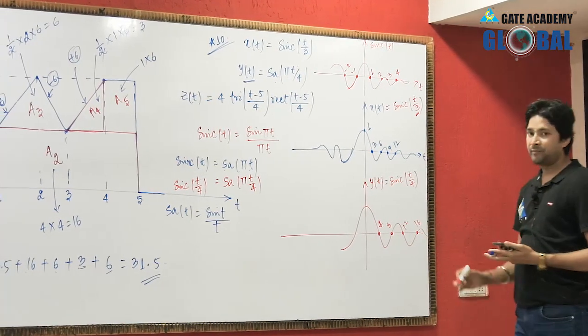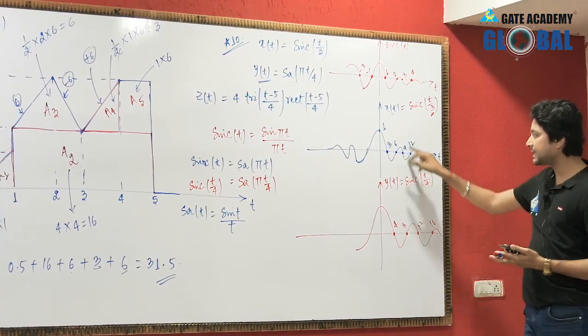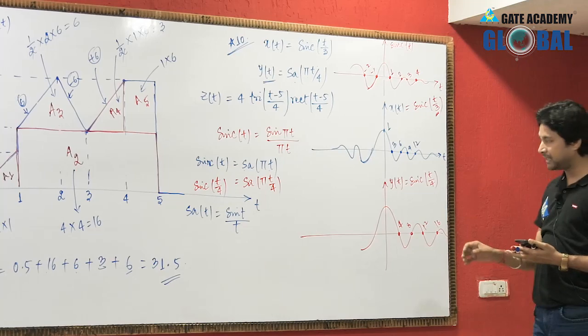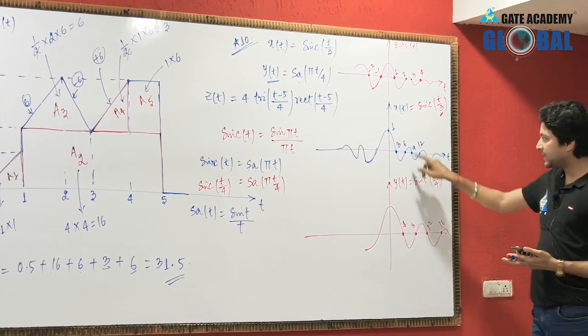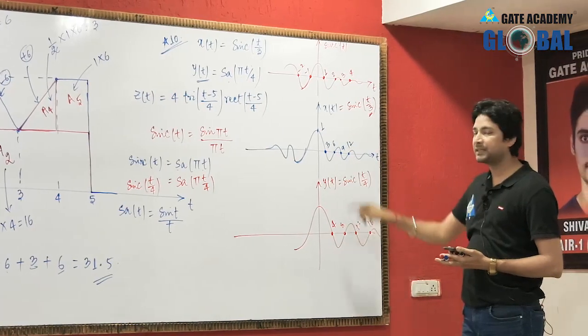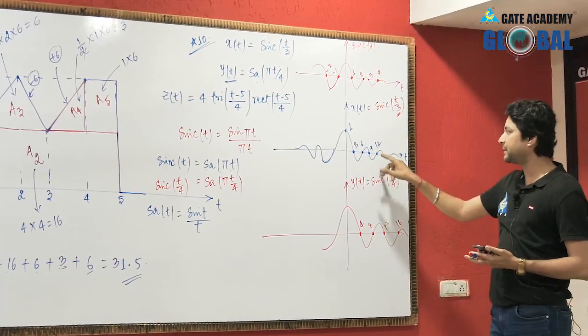So the first positive value of t for which both of these signals simultaneously become 0 is the first instant which is a 0 crossing point for both signals. For this you have to take the LCM of these values. Therefore, you will get the value 12.